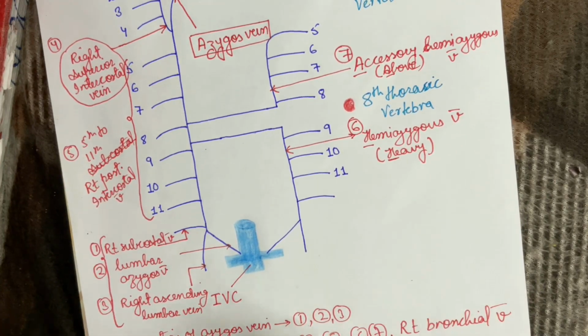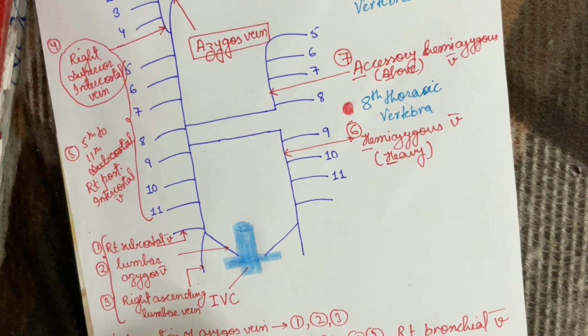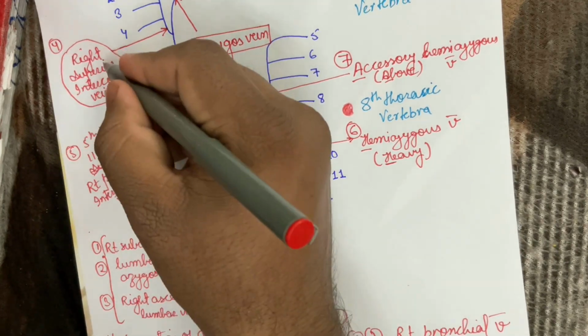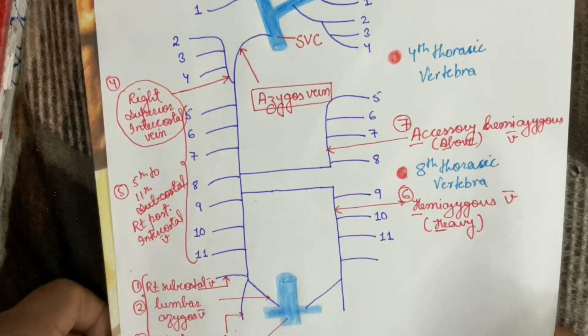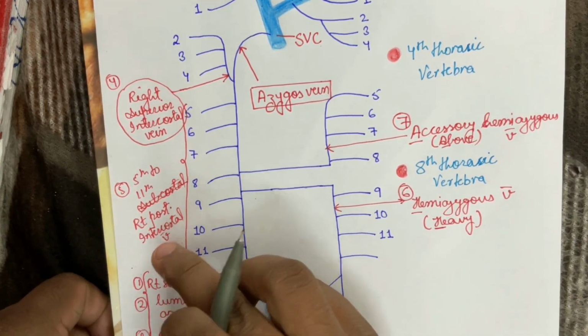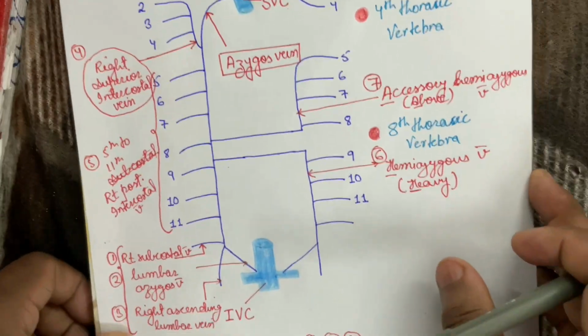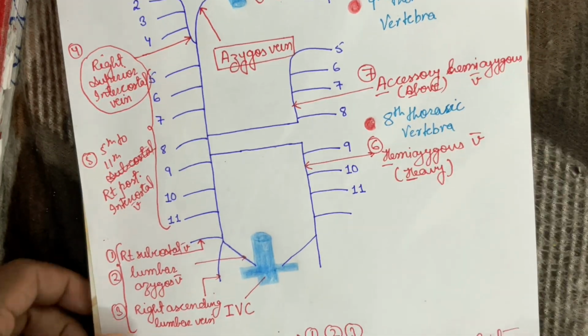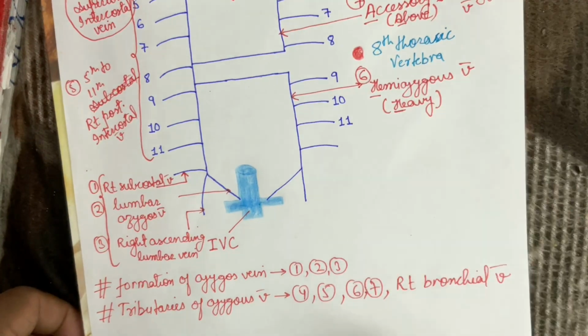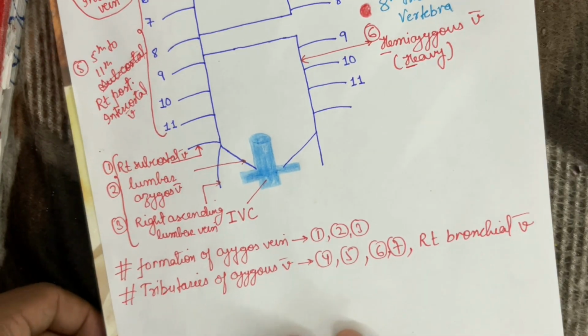The tributaries of the azygos vein are: the right superior intercostal vein, the 5th to 11th right posterior intercostal veins, the hemiazygos vein, the accessory hemiazygos vein, and the right bronchial vein.